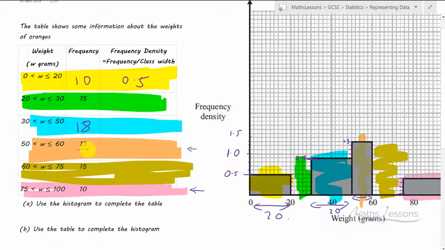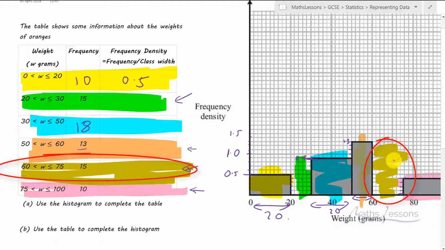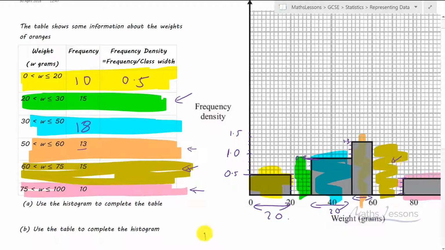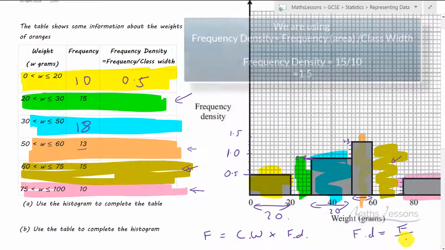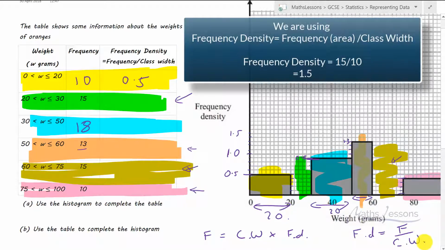Now all we've got left to do is to find out the green bar and this sort of mucky yellow bar here. So we're going to try and find out the heights of those. Remembering that the frequency equals the class width times the frequency density, we can rearrange that to show that the frequency density is equal to the frequency divided by the class width.